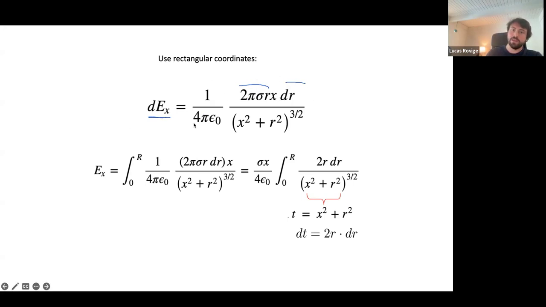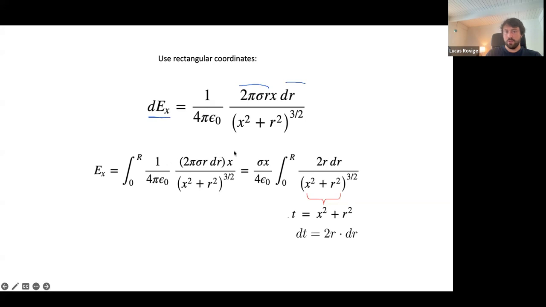So this uses the value we got from the ring before, and then we can just integrate to sum all the small contributions of the small rings, using a radius starting from 0 to large R, which is the radius of the disk.